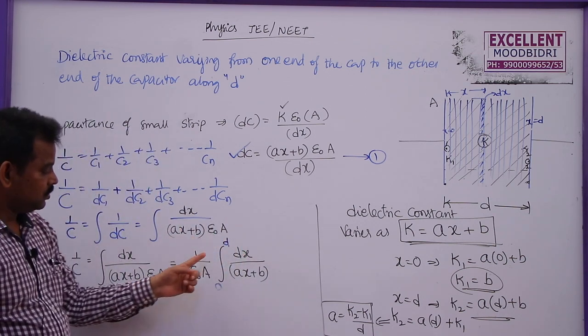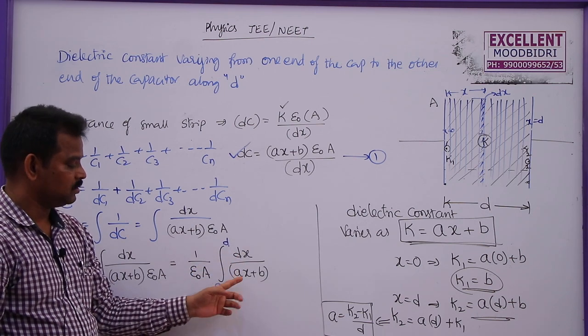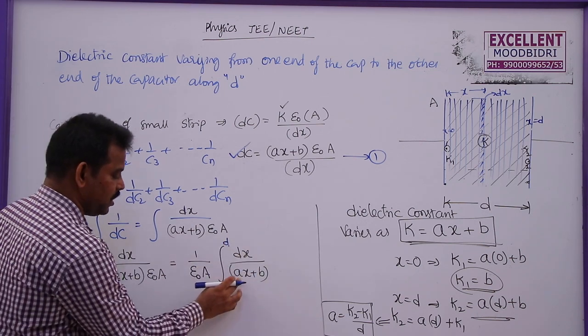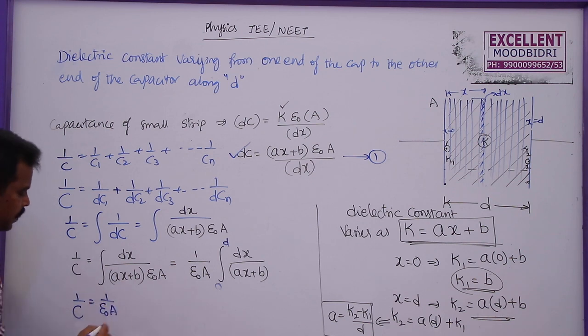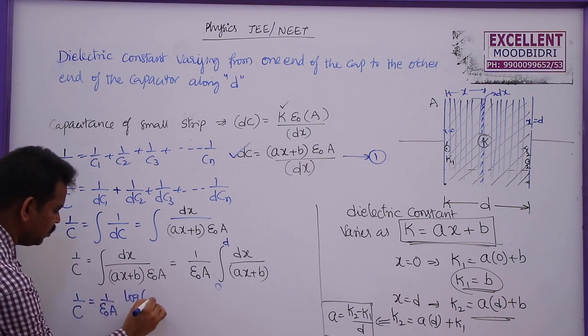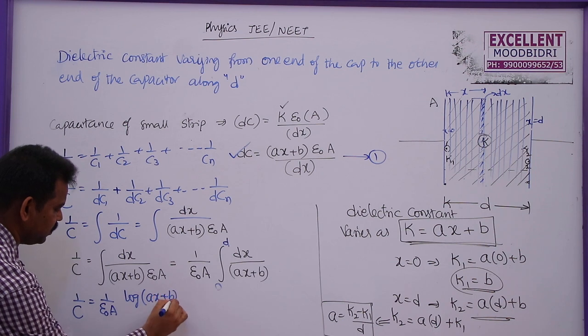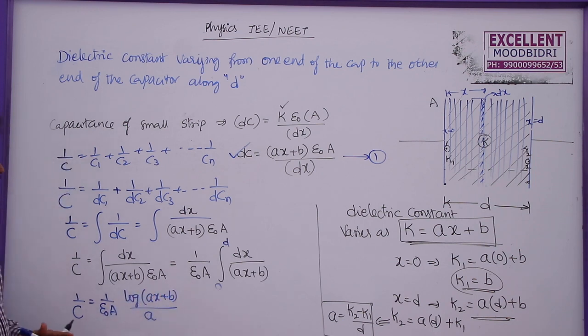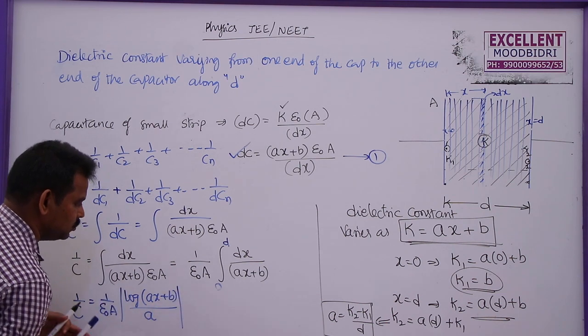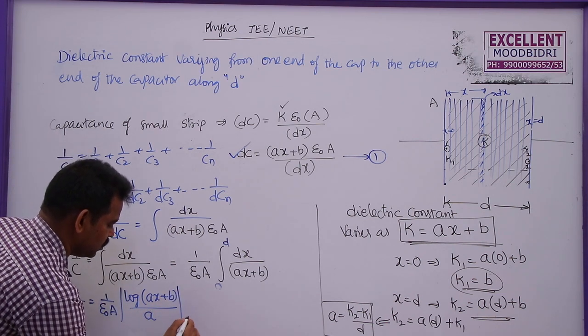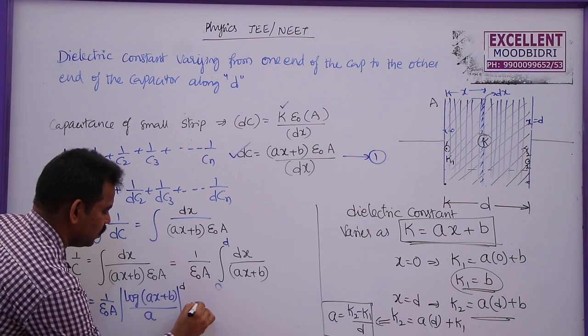Now we know the integral of dx by x is log x, but here it is ax plus b. So we can write 1 by C is equal to 1 by epsilon naught A, log of (ax plus b) by a. This is the integration, and the limits are 0 to d. Now substitute.